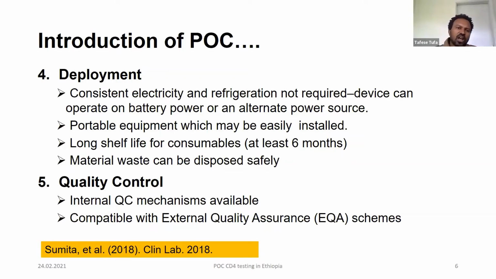It should have a long shelf life, minimum 6 months, and waste disposal should be safe and easy. Regarding quality control, the internal quality control should pass first before we use these POC tests, and it should also be compatible with the external quality assurance we have.